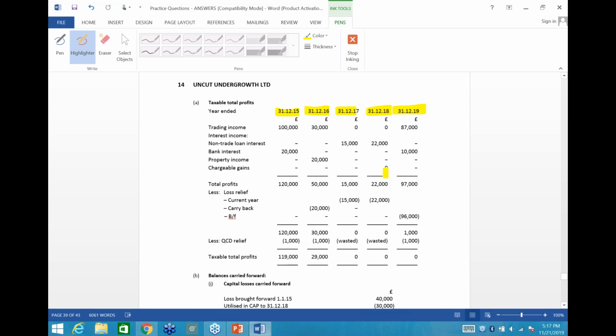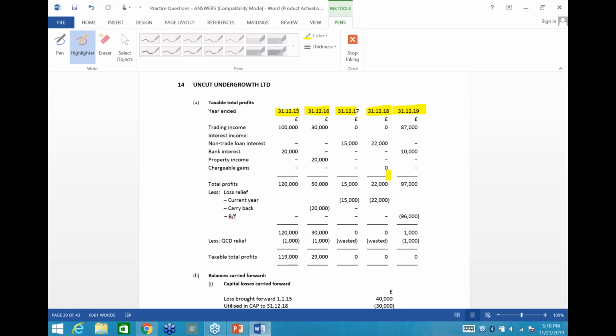However, on the 1st of January 2015, there were no trading losses brought forward, but there was a capital loss of 40,000 brought forward.